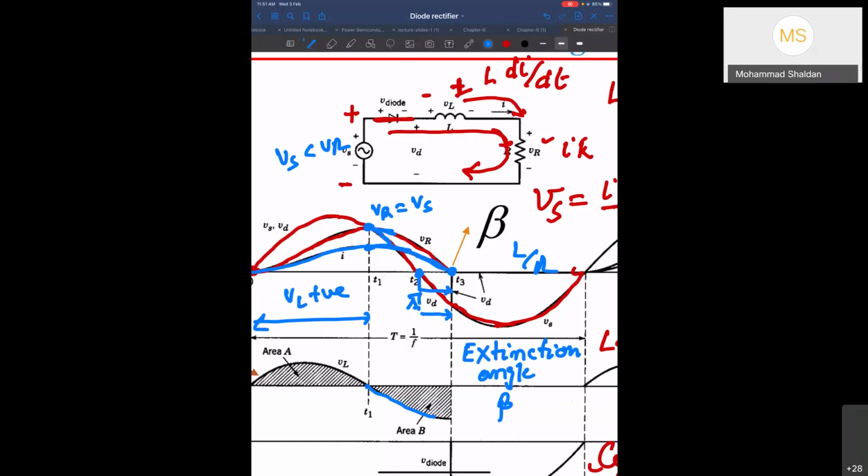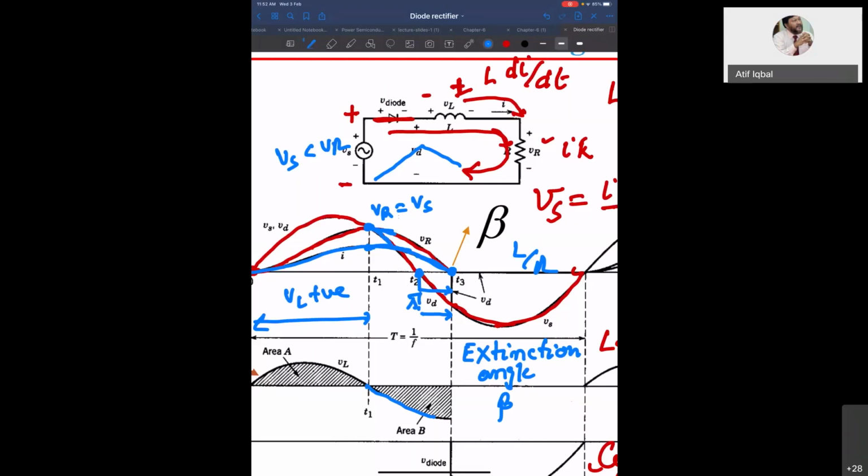You see, as you know, the behavior of inductance is such that the current slowly rises and slowly falls. This is the characteristic of an inductor. You cannot jump the current through an inductor, and you cannot drop it to zero suddenly. The inductor always opposes the change in current.